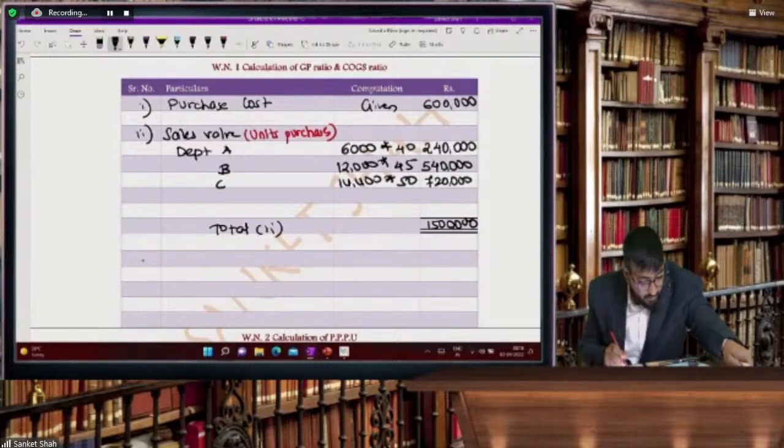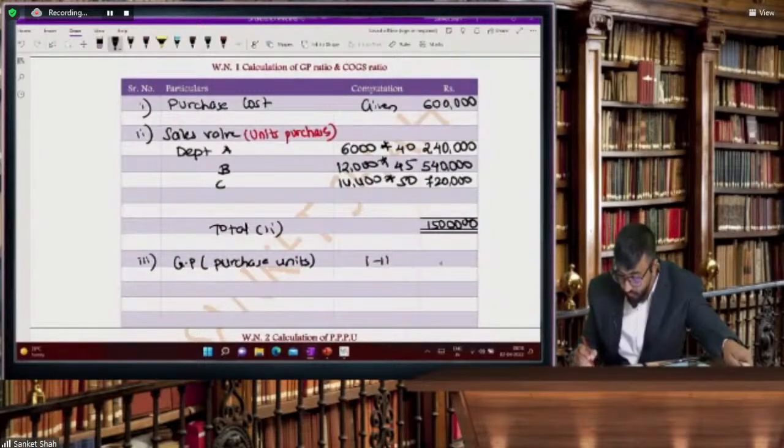So beta, gross profit on which? On units purchased, units if sold. 2 minus 1. 9 lakhs.